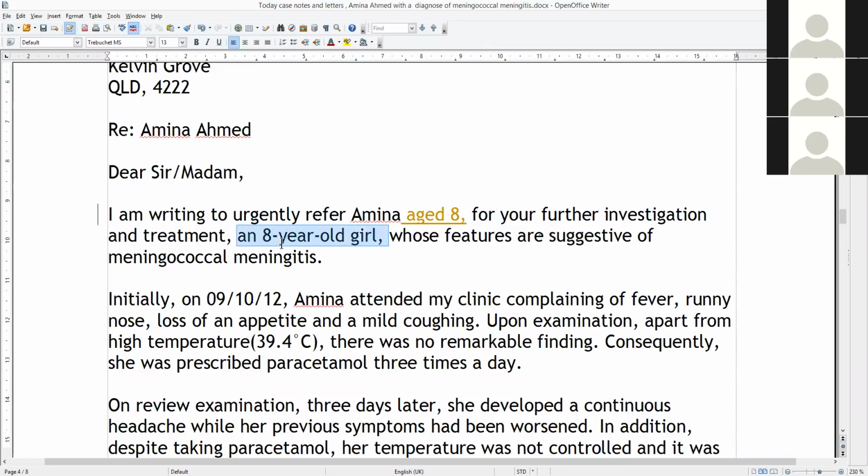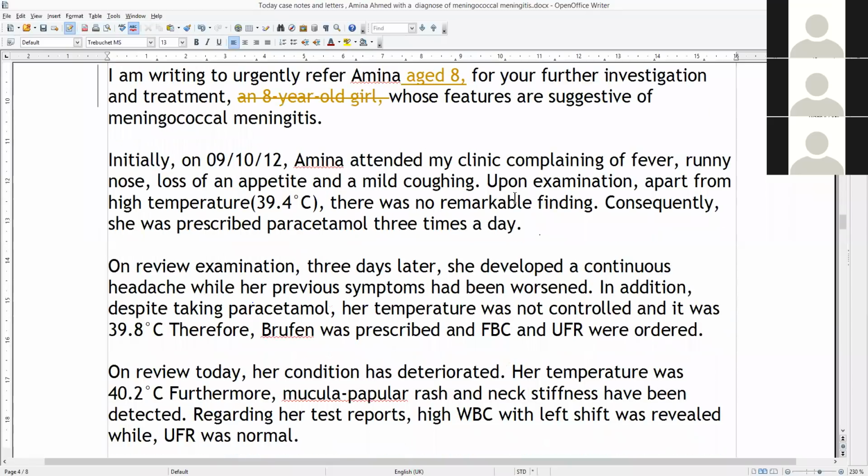So that is better. Instead of having that as a separate clause, I would just put it immediately after her name. Okay, that's good.